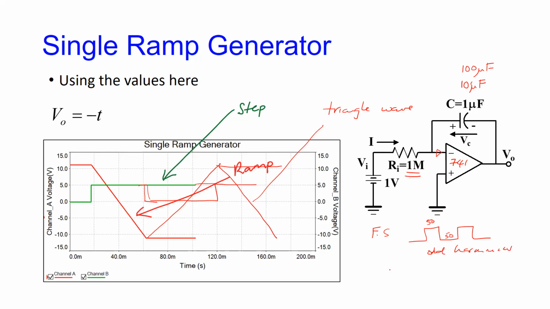If you look at a triangle wave, the triangle wave also has odd harmonics, but the higher harmonics are very low. So it's very easy to go from here to a sine wave by getting rid of the odd harmonics higher up. So one application of triangle waves is really to make sine wave generators.